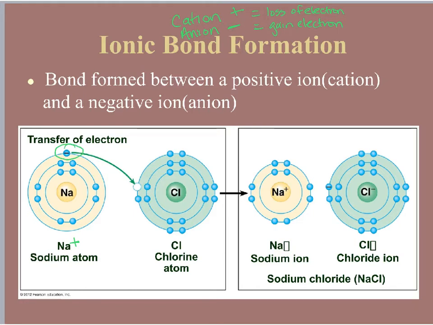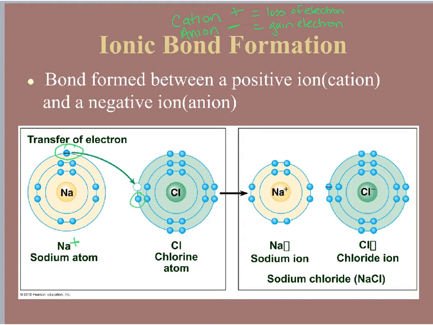Remember, sodium would really like to have 8, but because it has just 1 single electron in its valence shell, it's quite vulnerable to having that electron stolen or borrowed from it. So when it comes into contact with another atom that has a negative charge, that electron is easily pulled away from sodium.